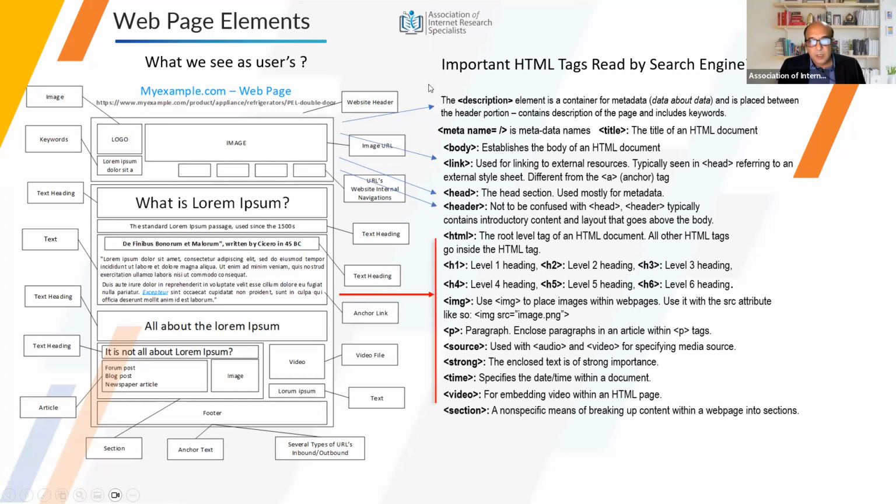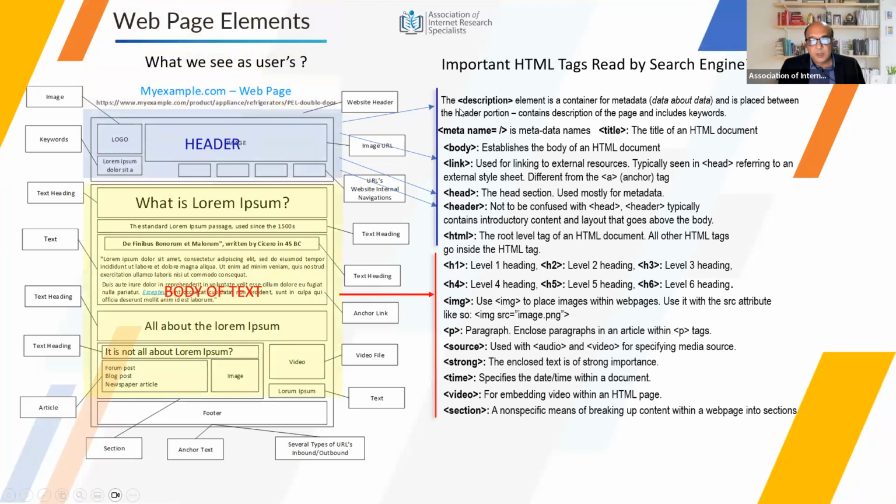The type of tags that are shown behind this blue vertical line on the right hand side, these are the tags in bold fonts like meta name, title, body, link, header. All of these are the tags which are going to have information or text inside of them that is matched with in title colon. And this information is actually running behind the header part.